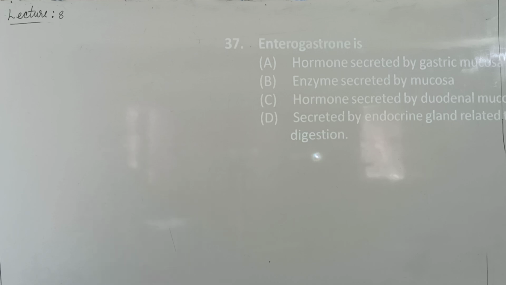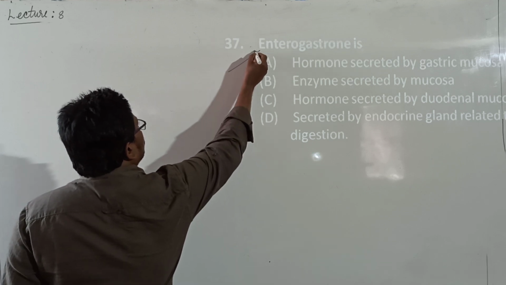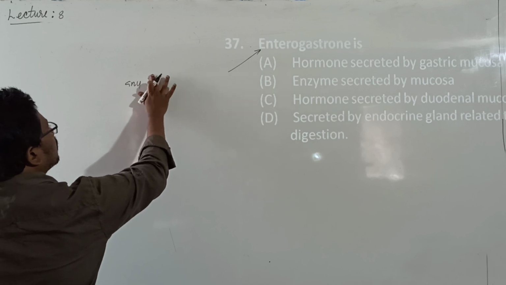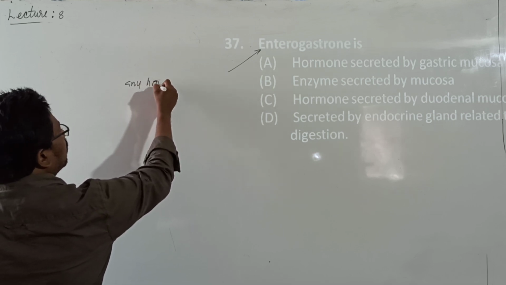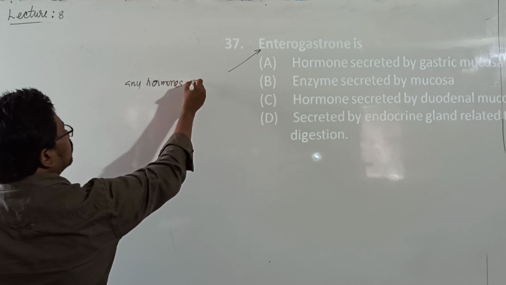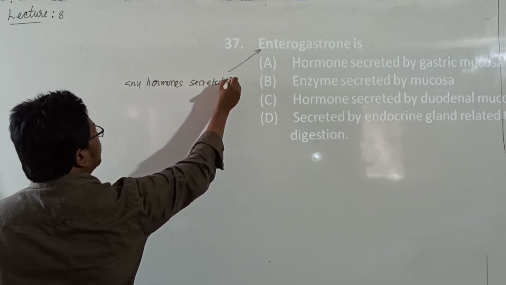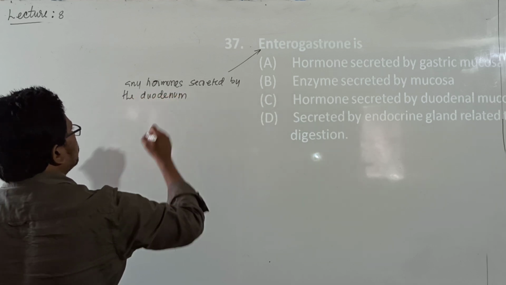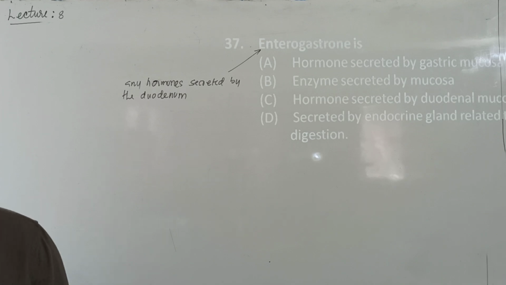The next one, enterogastrone. Let's see what enterogastrone actually is. Enterogastrone is any hormone secreted by the duodenum.